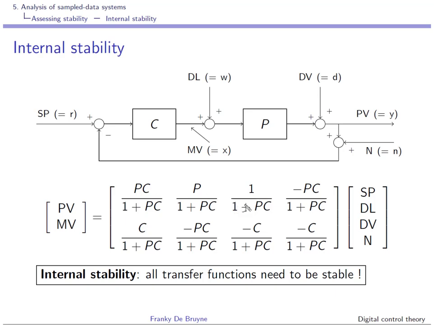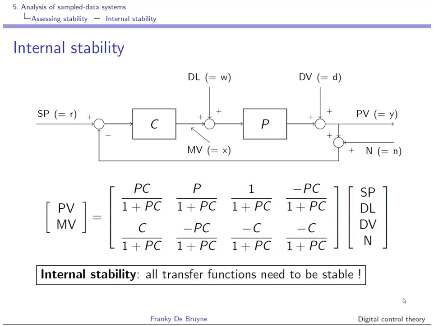Okay, 1 over 1 plus PC, P over 1 plus PC, C over 1 plus PC, and PC over 1 plus PC. And you have sometimes the same transfer function but with a different sign, right? But you can see here that there are 4 types of transfer functions. And internal stability says that, well, the system is internally stable if all the transfer functions that you see over here are stable.